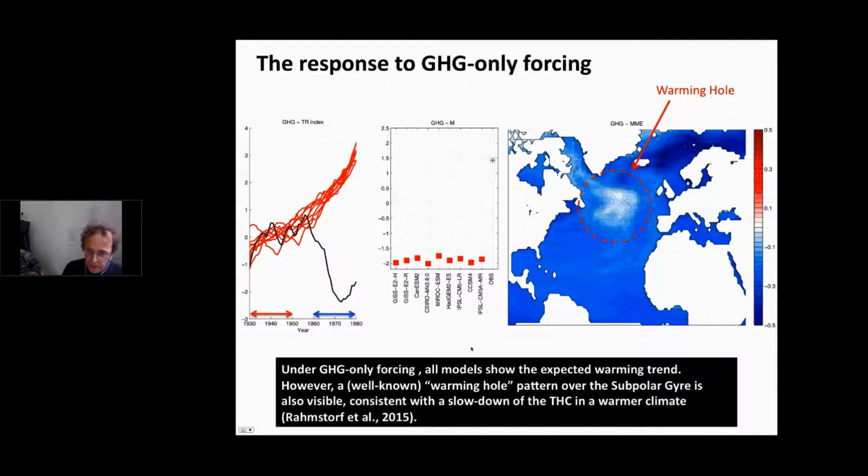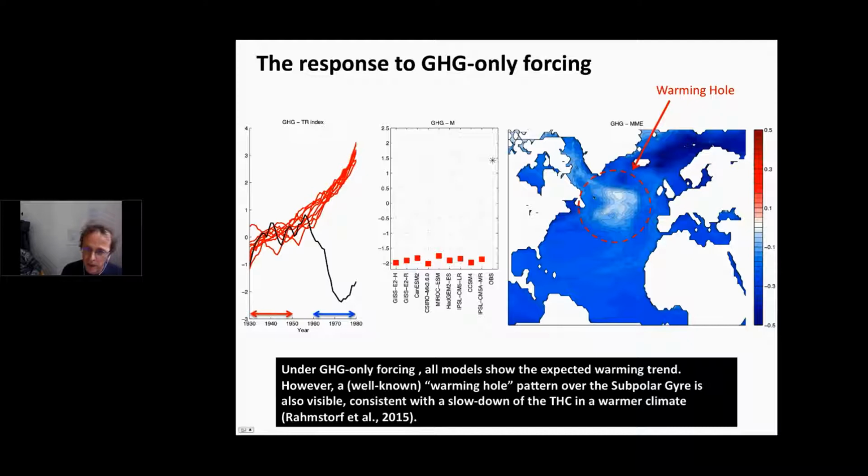What is less expected, perhaps, again, is this inhomogeneous response of the multimodel ensemble mean, where you see there's an abundance of blue all over the place, but there is again the subpolar gyre over here that is showing some less intuitive response.